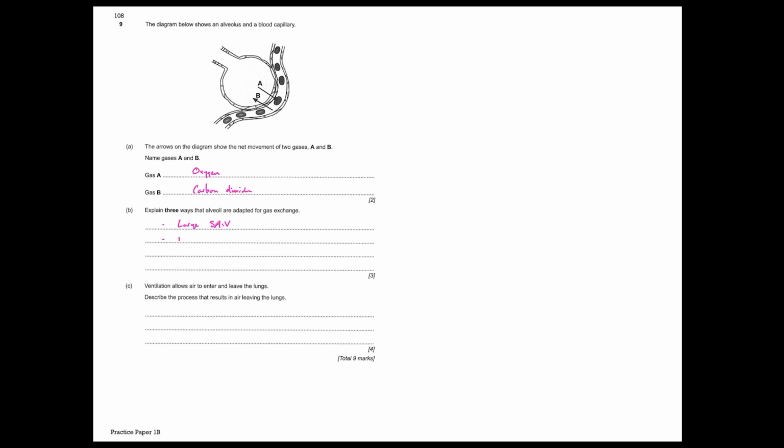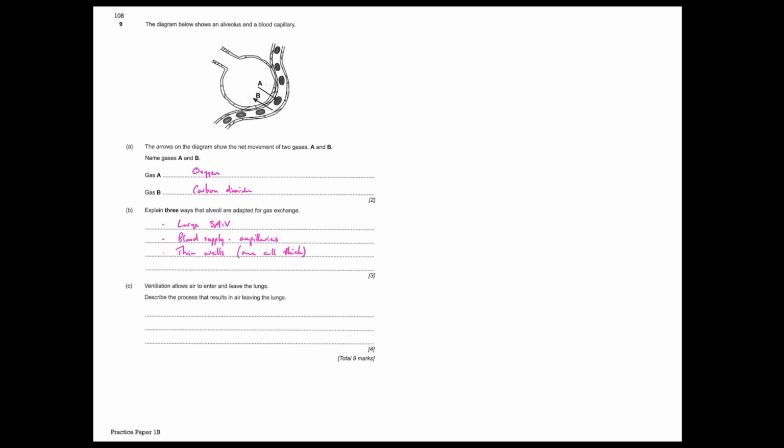We have the blood supply, the capillaries. We have thin walls, brackets 1 cell thick. Again, we're just avoiding that phrasing of cell wall in there.